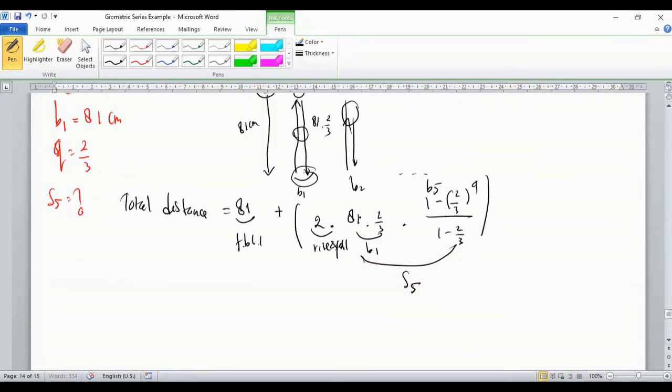But remember, for B1, they have a rise and fall, right? So from here, we can continue to 81 plus 2 times 162/3 times 1 minus 16/81 over 1 minus 2/3.